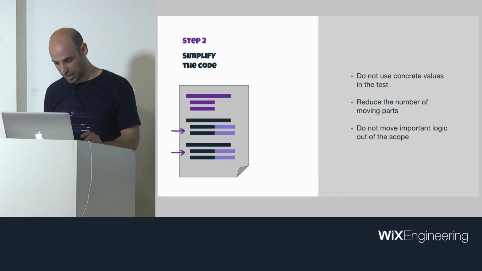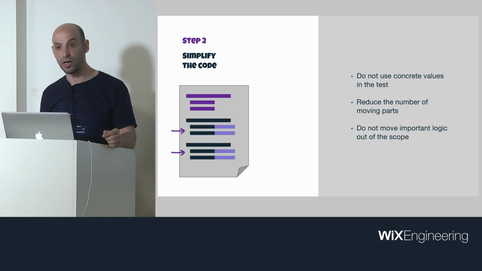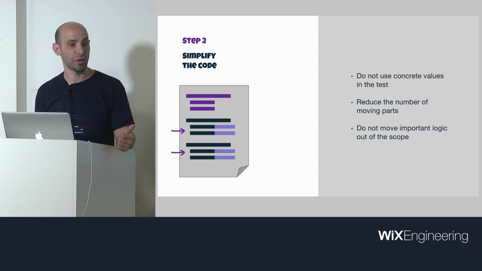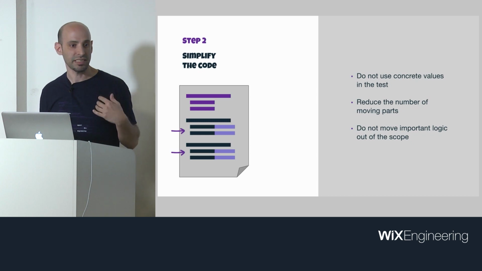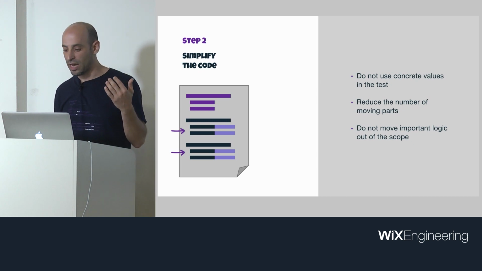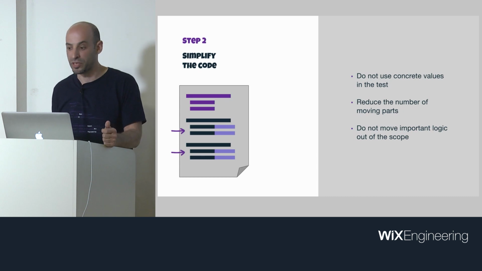Another thing that we did also, we reduced the number of moving parts. We stripped down the list, we stripped down the sum and the optional. When we do that, we take out some of the complexity from the tests and from the code that people are looking at.